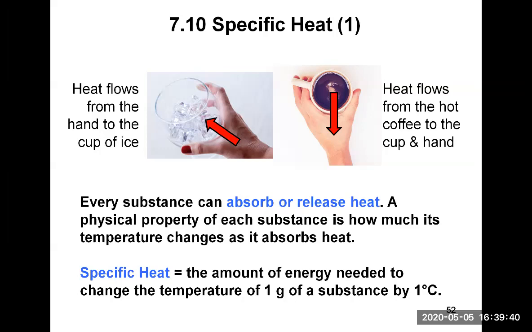Specific heat tells you the amount of energy needed to change the temperature of 1 gram of a substance by 1 degree Celsius. So specific heat is the property that allows you to know how much energy you need to warm up a substance or cool it down.